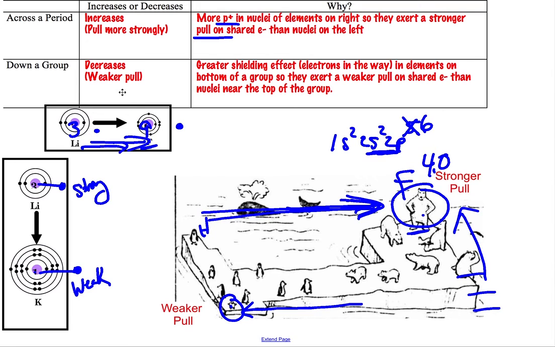So when you're thinking about the trends for electronegativity, think about pulling on ice cream cones or the scoops of ice cream, which are the electrons, and who's going to be stronger. And it's always up at the top and over on the right. It's always fluorine because he's got the most protons and he's got the fewest electrons in the way. And the poor little weak guy down here never wins.